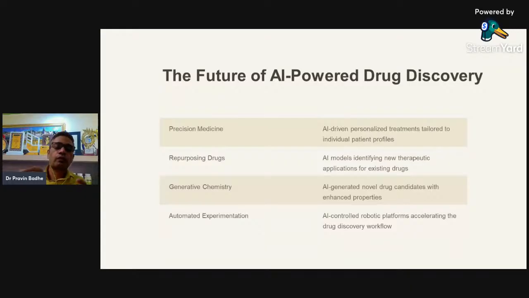So, the future of AI: as I told you, from 2020 there is an evolution of AI in drug discovery, but it is not going to go on that long. It will go on for 10, 15 years, and then there will be a major shift again, because a lot of data, a lot of drugs, a lot of information will be out, and based on that there will be change in the drug discovery process.